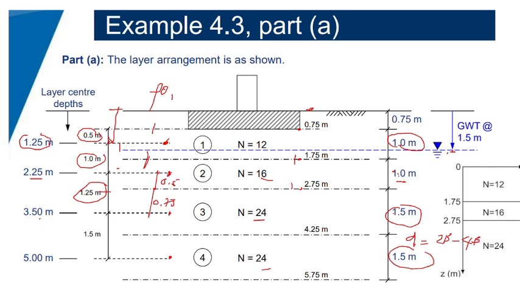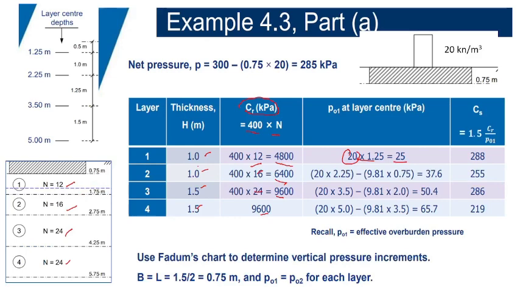Now, the second layer. Here, the center of the layer already has water. Its distance from above is 2.25, but its distance from the groundwater table has to be identified. It is 2.25 minus 1.5, because 1.5 is over here. Here is 2.25. That means your water presence has a depth of 0.75.